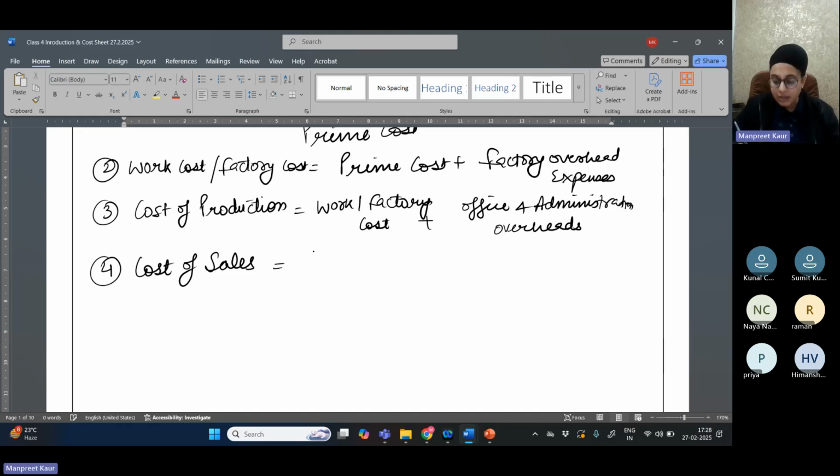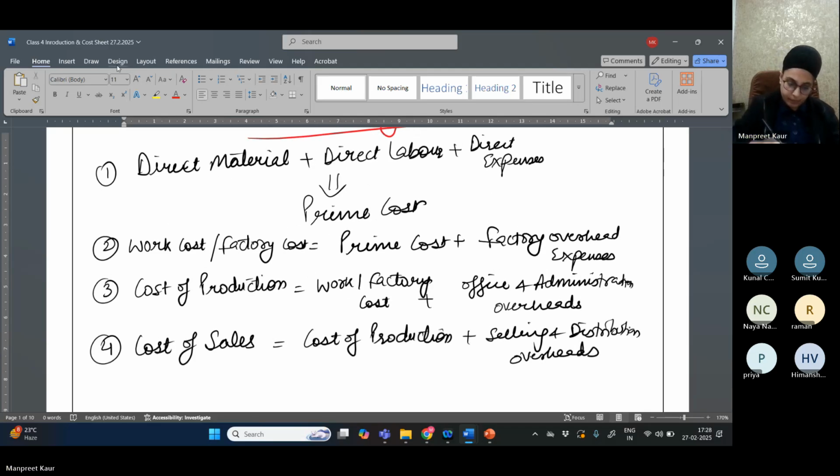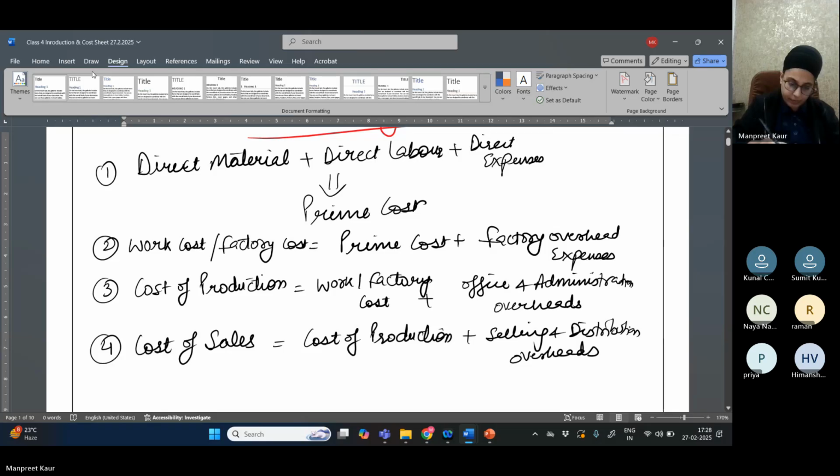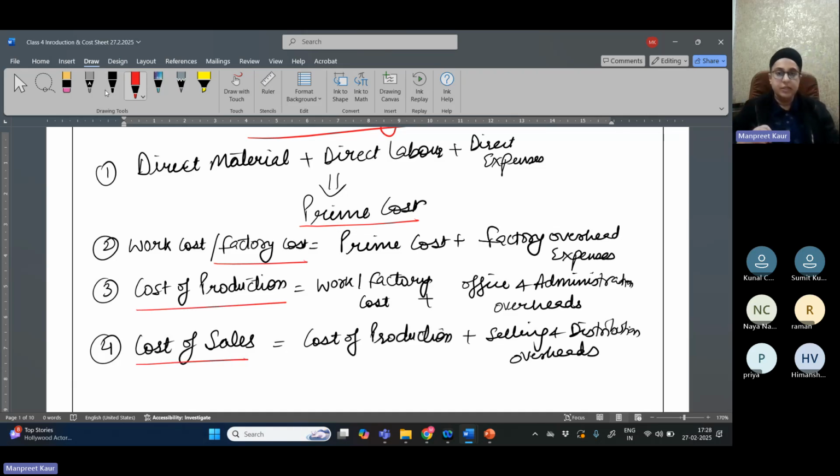Cost of sales is cost of production plus selling and distribution overheads. This is the prime cost, factory cost, cost of production and cost of sales.